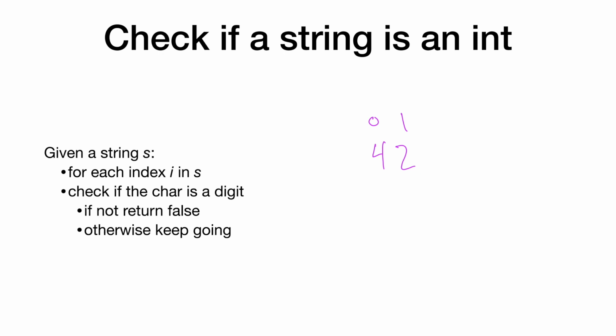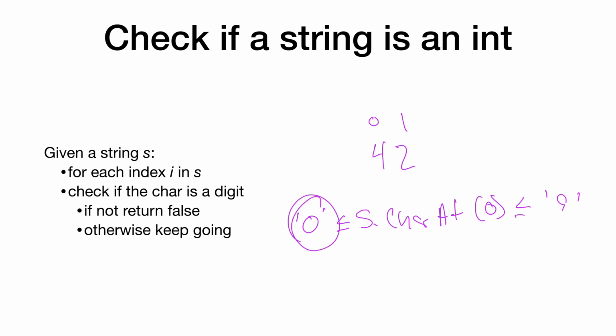So the first thing we do is we check: is s.charAt(0) less than or equal to 9, greater than or equal to 0? Because we know that characters can be compared in this way.